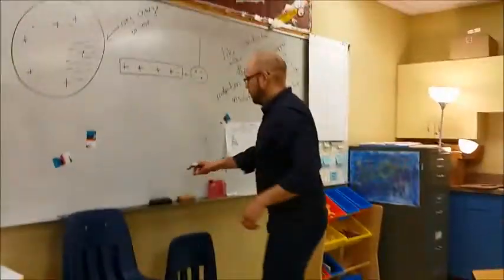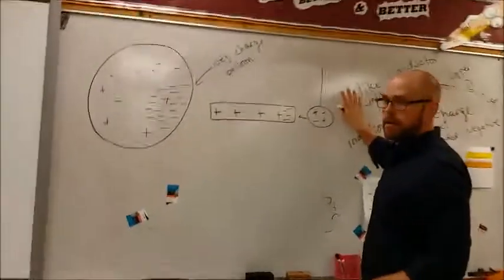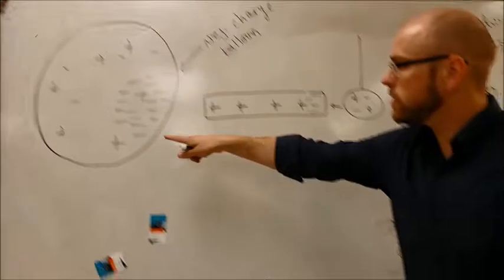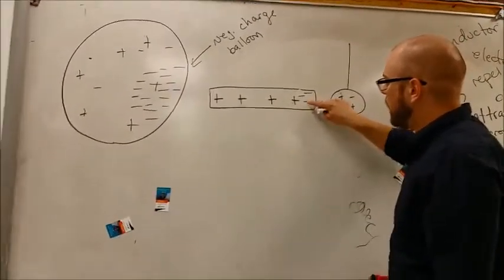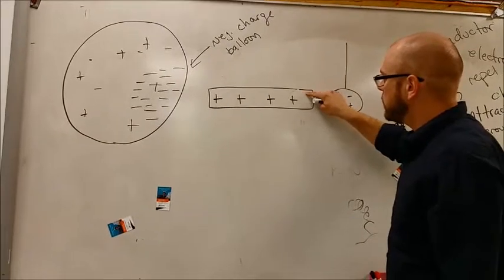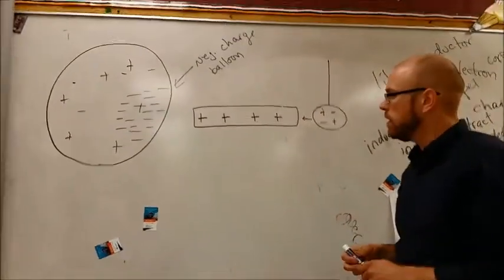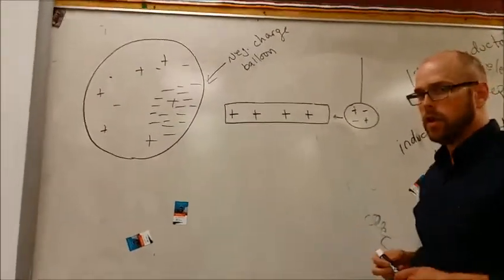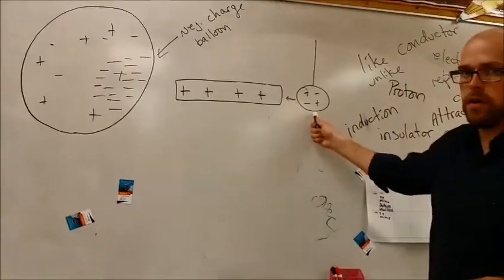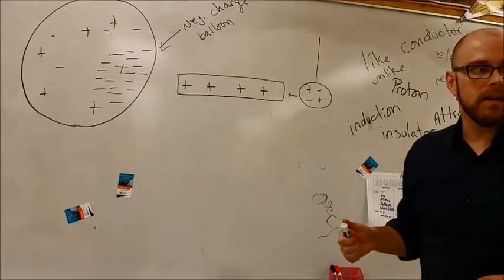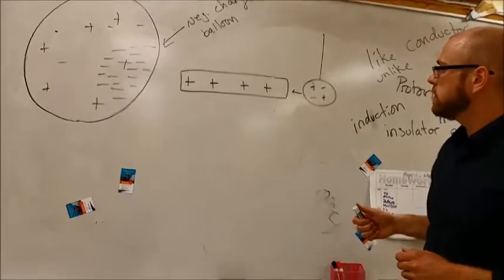Here's what's happening. If we go to the board, we had the ball away. I had once again used a charged object to repel all the electrons to one side. I touched my finger and I stole the electrons. They grounded through my body and into the earth. That left the rod positively charged. Now because this is positive and the ball is neutral, they are attracted because they are unlike charges.